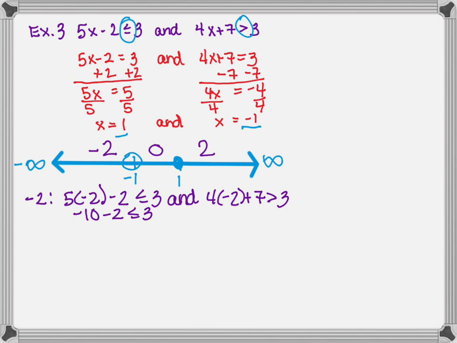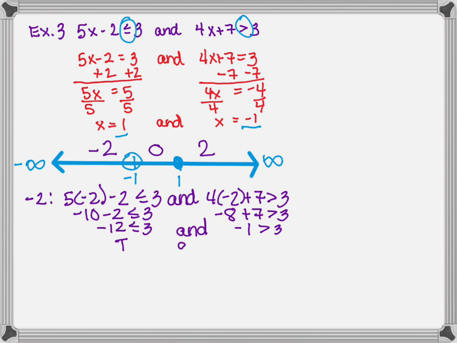It becomes negative 10 minus 2 less than or equal to 3, or negative 12 less than or equal to 3. On the second one, I've got negative 8 plus 7 is greater than 3, which becomes negative 1 is greater than 3. So this first one, negative 12 is less than or equal to 3.